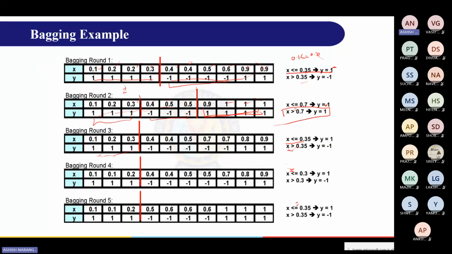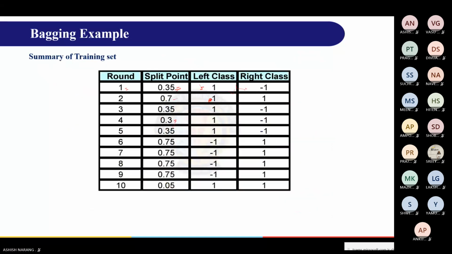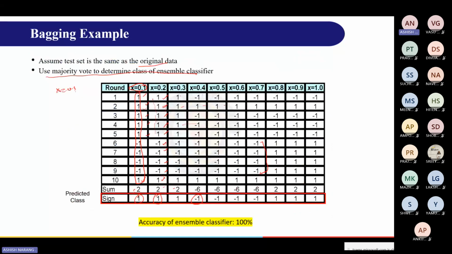There are 4 records of -1, but 2 of 1 also. So the accuracy of the ensemble classifier is 100%.